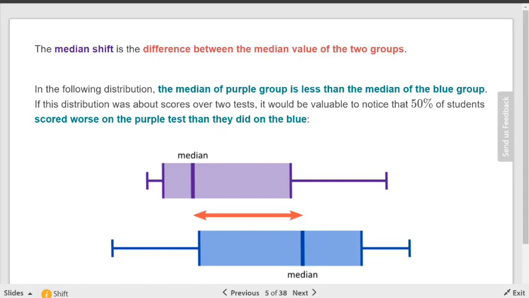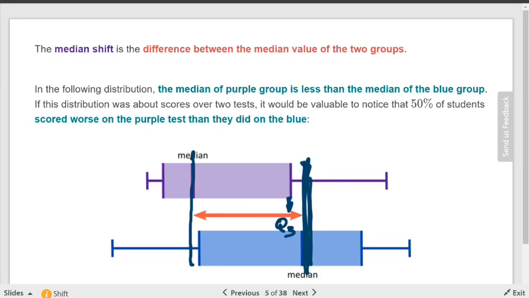Okay? Now this one is a definite shift because if you look at it, the median of this one and the median of this one, notice that the median of this blue one is beyond Q3, the upper quartile, isn't it? So it is a full 25% bigger than the median of the other.